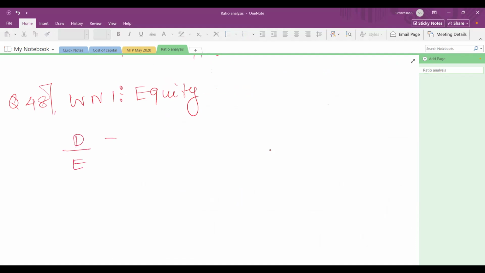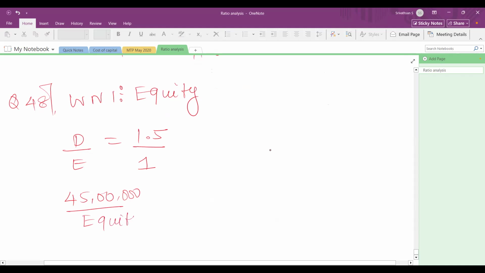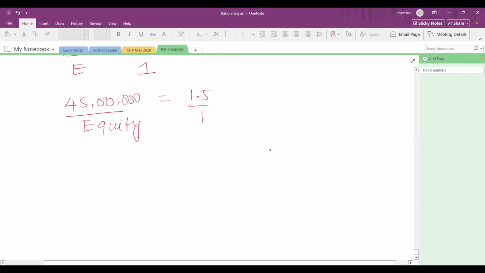Debt is 45 lakhs. Equity we don't know. It is equal to 1.5:1. So equity is how much? 30 lakhs, right? Equity is equal to 30 lakh rupees.